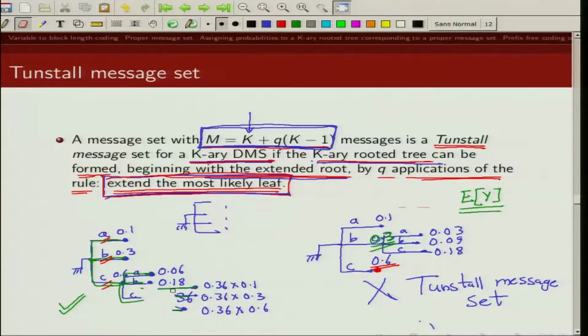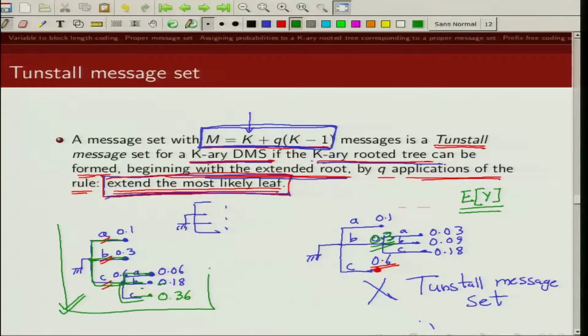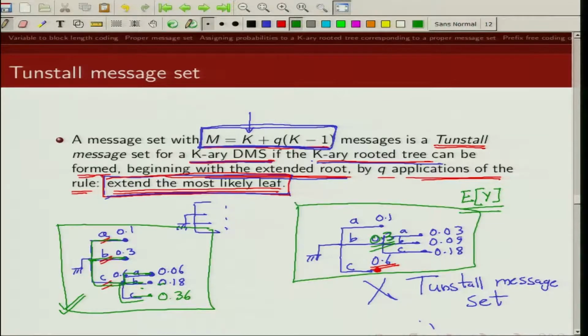Now let us take the same example. Let us just take this example which is a Tunstall message set, and this example which is a non-Tunstall message set.